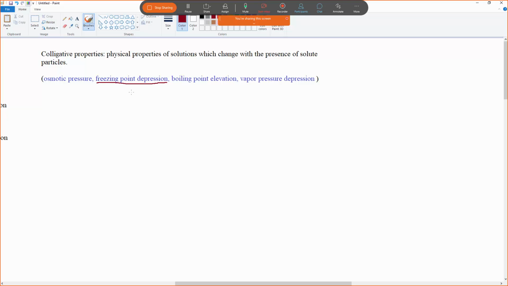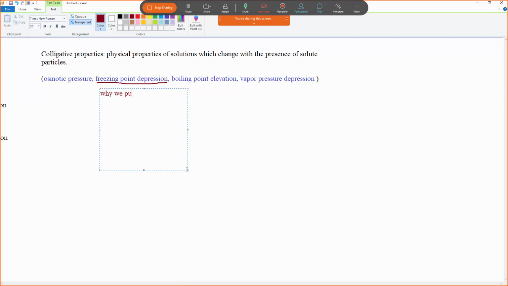The freezing point goes down. It's very cold outside and it would normally be frozen, but since the freezing point went down, that little piece of ice will melt and hopefully run off the road. And eventually all of the ice will melt and run off the road or get chipped up more easily because now it's got little holes in it. And that'll make the road safer to drive on or your walk safer to walk on, for instance. Does that make sense? This is why we put salt on ice on the roadways in the winter.